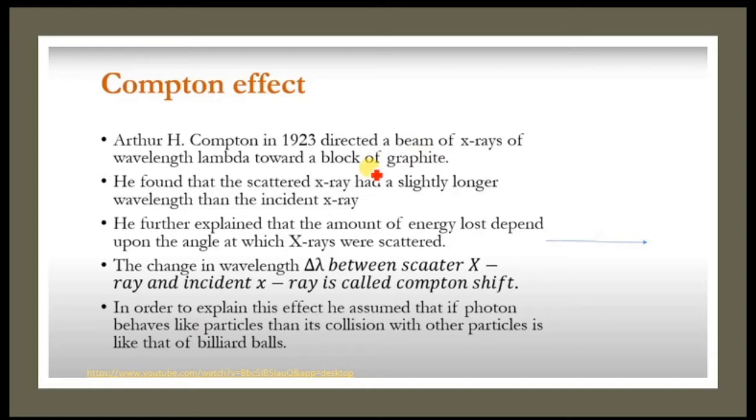Now we have seen that the scattered radiation consists of longer wavelength X-rays and the original X-rays.